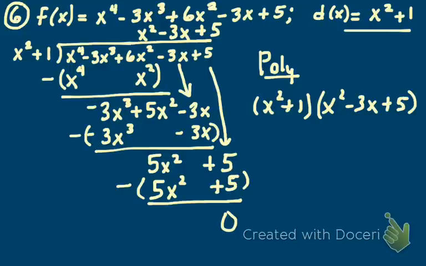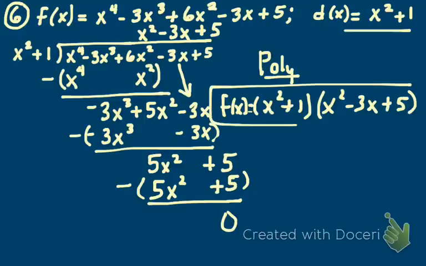In this case, we don't even need a remainder to add to it because we would be adding plus 0. So this actually turns out to be our f of x. Let me erase that arrow out of my way so I can put the f of x in front. So that should be our f of x in polynomial form.